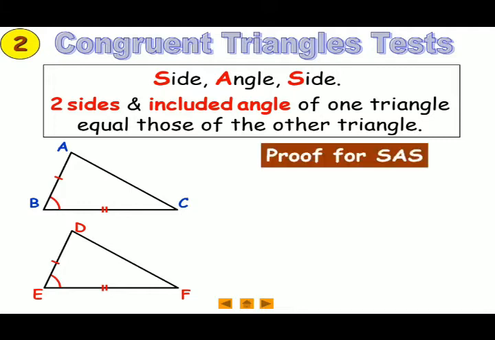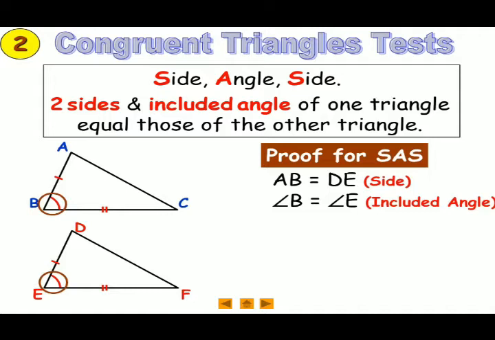So how to prove SAS? You can see that AB is equal to DE. One side we have got. After that, the included angle means the angle between those two sides. Here you can't take angle A or angle C, because we are taking the two sides AB and BC. So we only take the included angle, that is angle B and angle E. After that, the next side, BC will be equal to EF.